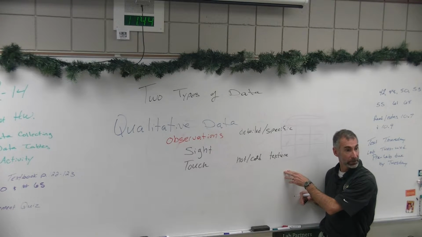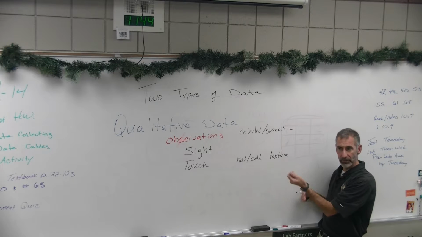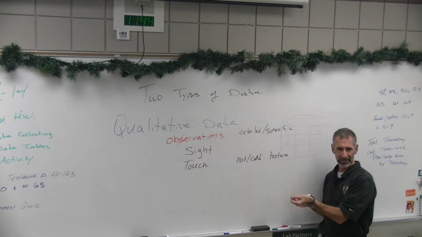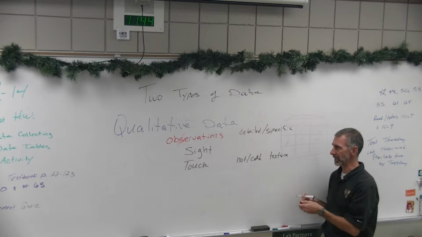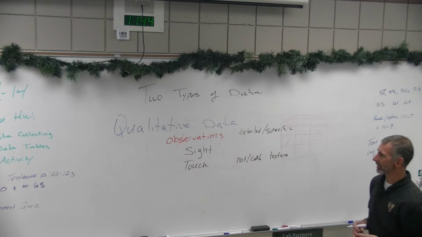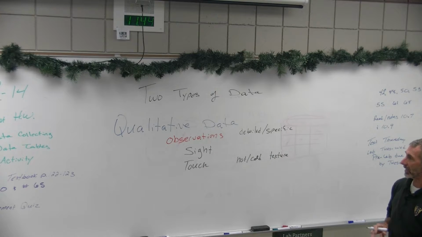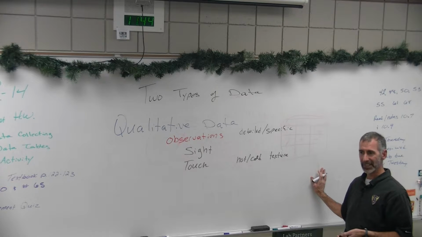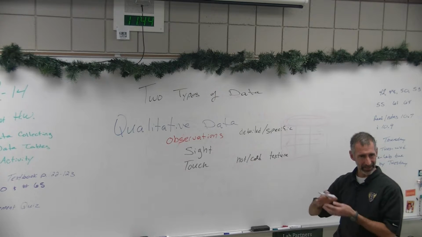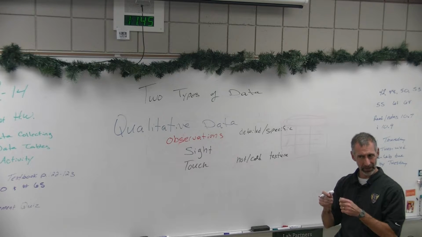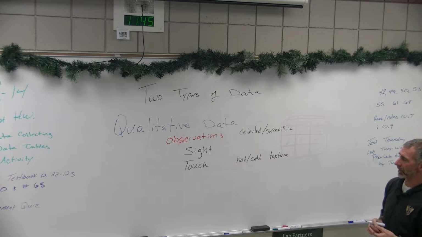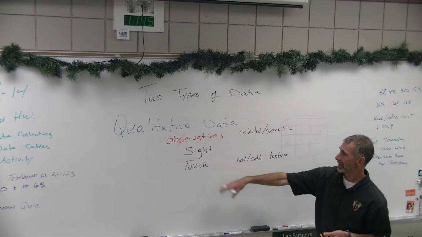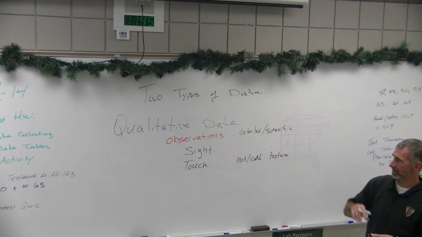Feels like flour. Okay, so flour has that very soft, powdery type of texture to it. So that would be touch. Good. And if you want to do a comparison to something more common, you can do that. Like feels like sandpaper. That's a comparison that we can get a good indication of what your observation was. Okay, give me another observation or another sense.